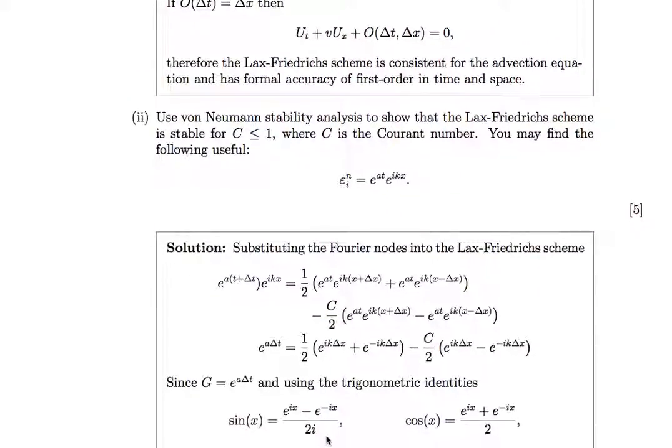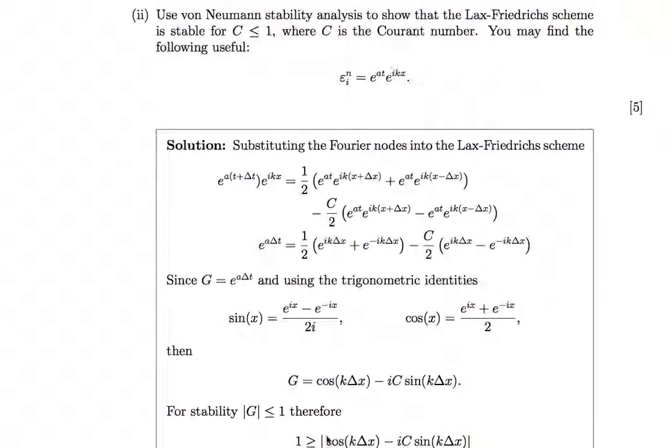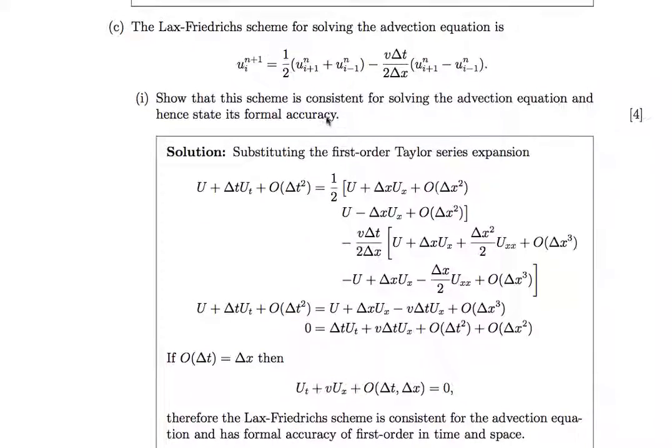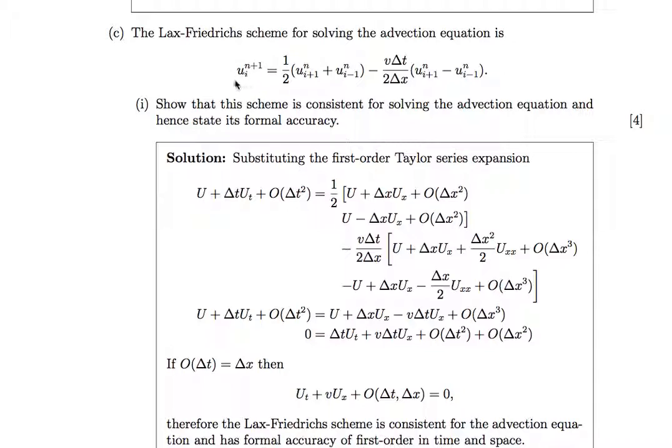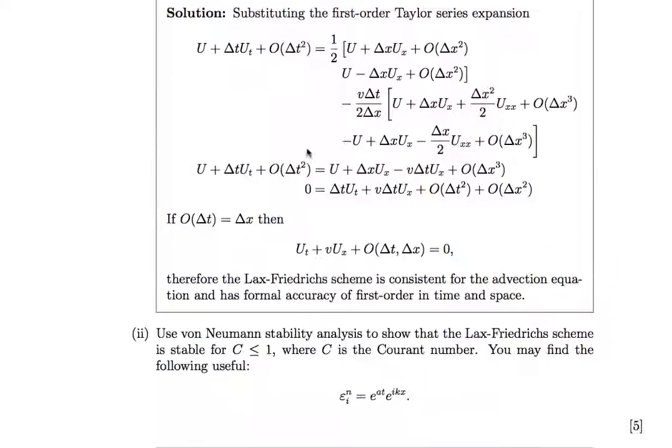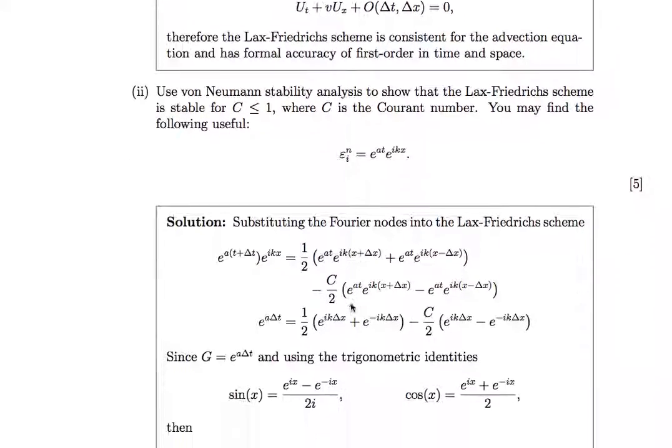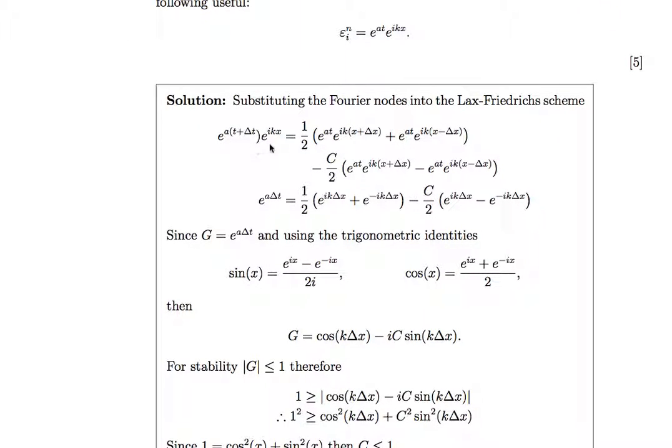Okay, the second part of this question is to use a von Neumann stability analysis to show that the Lax-Friedrichs scheme is stable for values of c less than 1. It says you may find the following useful. Well, this is essentially a Fourier mode, and what we do is take the u values from the scheme and replace them by this Fourier mode, and if we do that, we get this expression here.